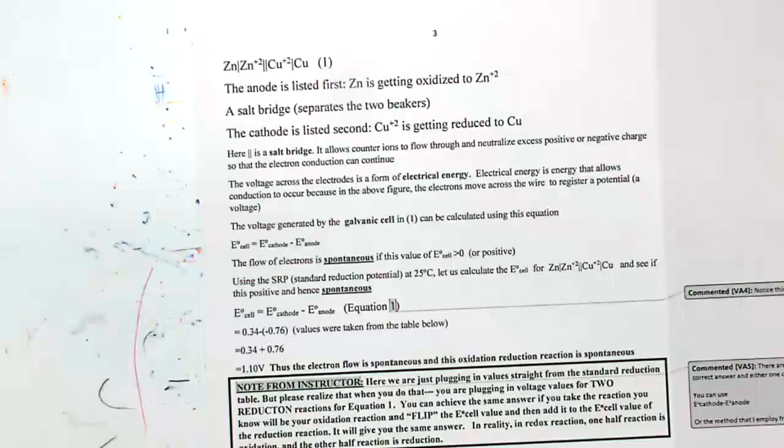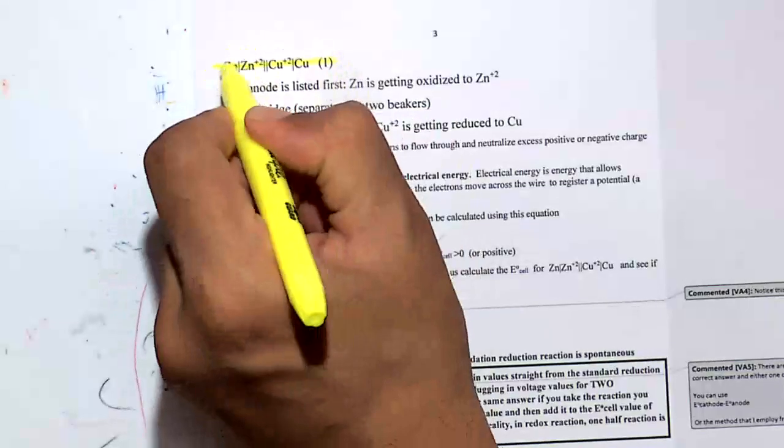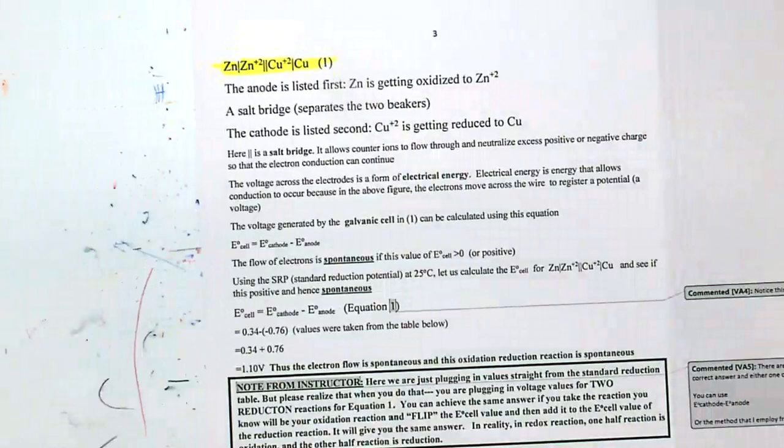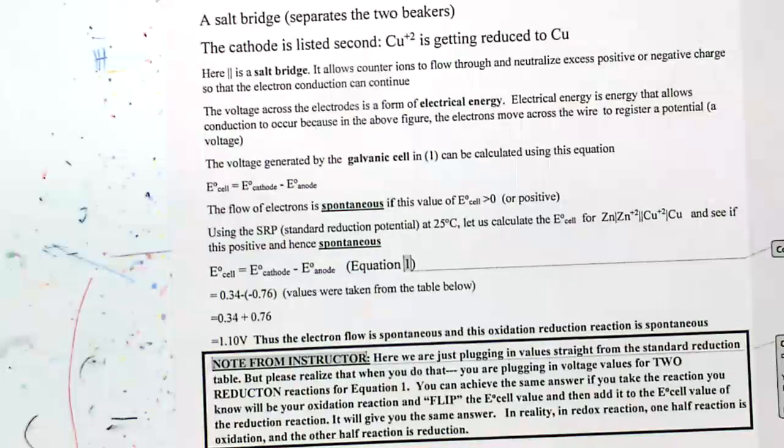Okay, the next couple of pages are review, so I'm going to hit them fast. All right, so we have the galvanic cell notation. Just make sure you are comfortable with that. The way I'm teaching it to you is a certain way.